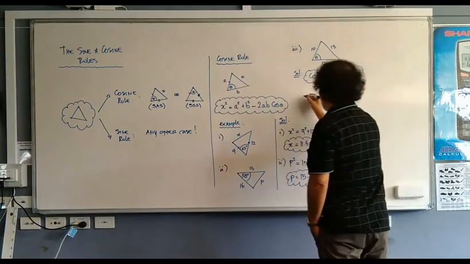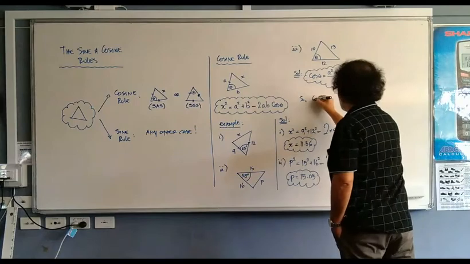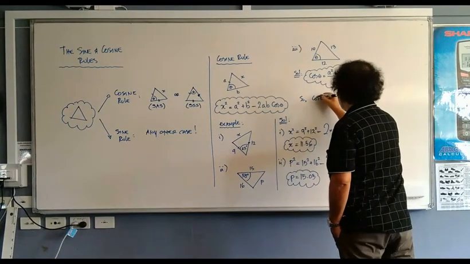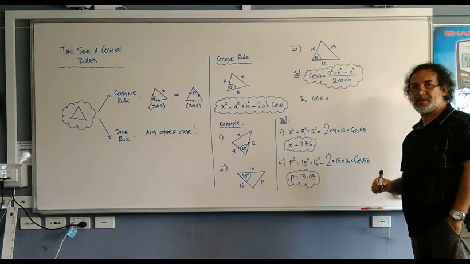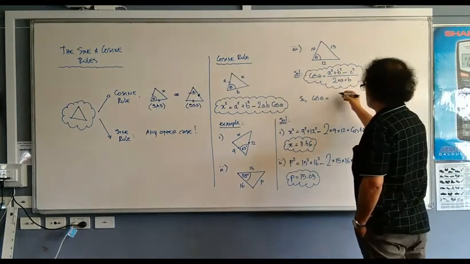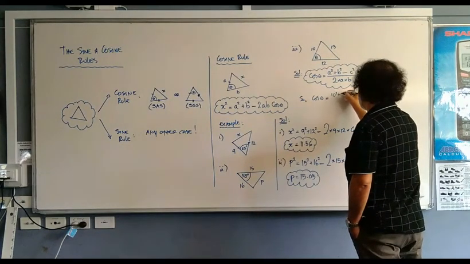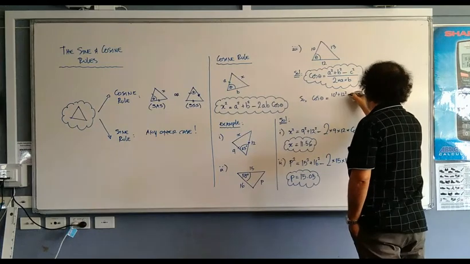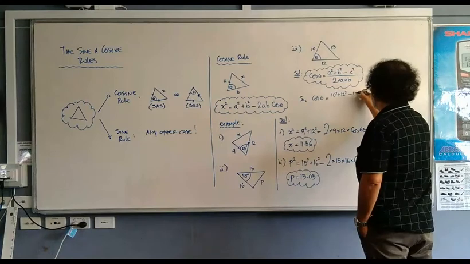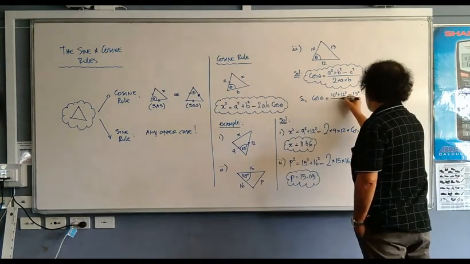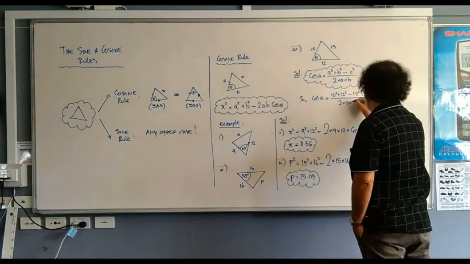Okay, so we're going to say cos theta is going to be equal to, and if you follow the formula, then it's going to be 10 square plus 12 square, take away the other side, which is 13 square, and then you're going to divide that by 2 times 10 times 12.